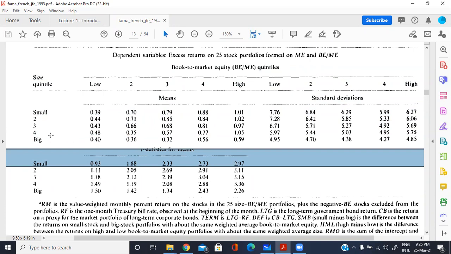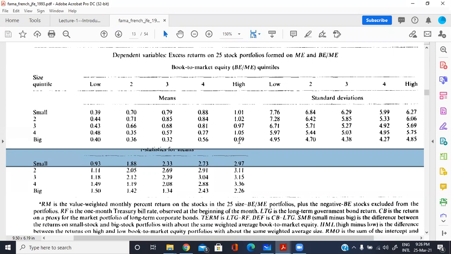The average return of big companies is lower. As we move from the small to big, we see the average return in this group tend to go up here from 0.39 to 0.4, but there is a randomness here. But we see here consistently the big companies are providing lowest return, the smallest companies are providing highest return, and this is true for here, this is true for here, this is true for here.